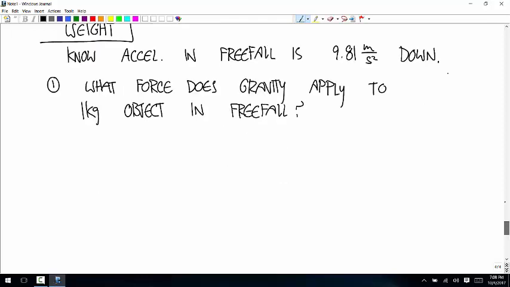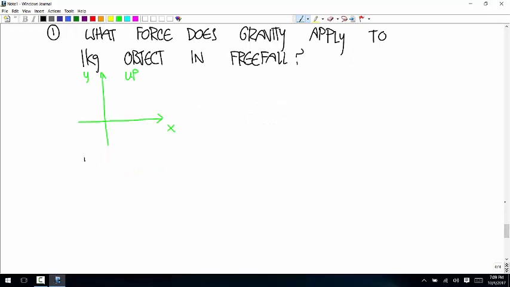So if we choose a coordinate system like we normally do, where y is up, Newton's second law says for a 1 kilogram object in free fall, the force vector, we're going to figure out what those components are, is equal to 1 kilogram.